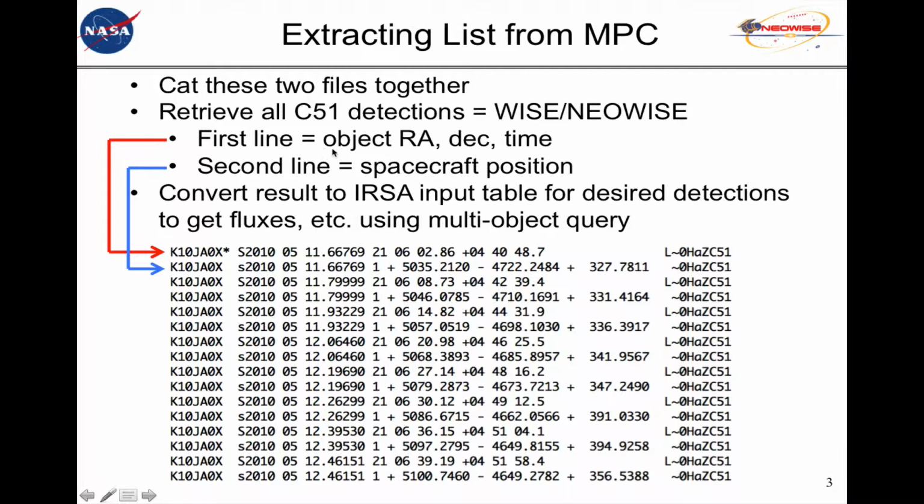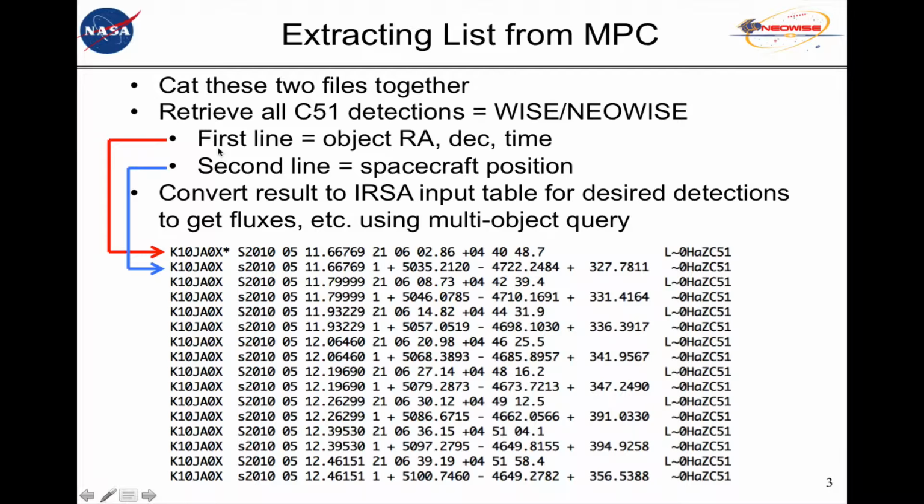Each entry for a WISE observation has 2 lines. The first line is the line of interest in order to extract further information from the WISE photometric database and detection database.